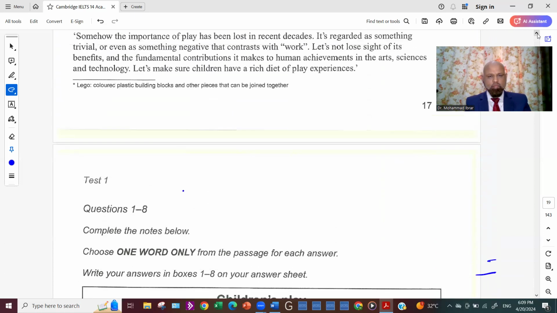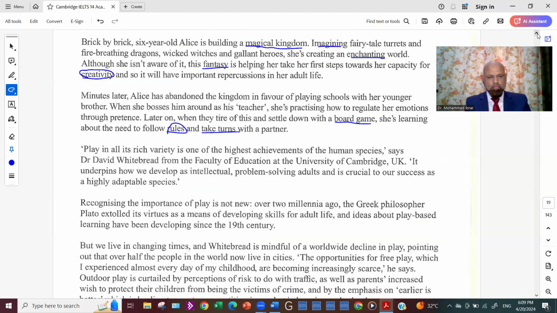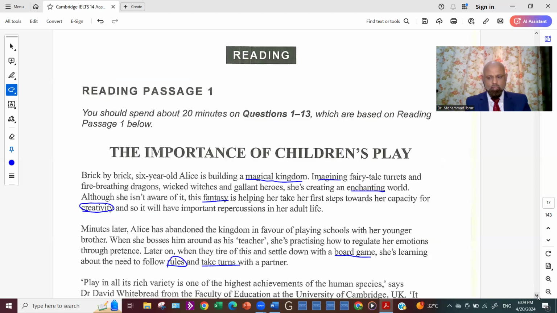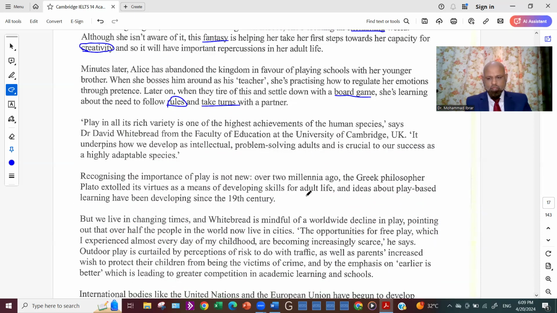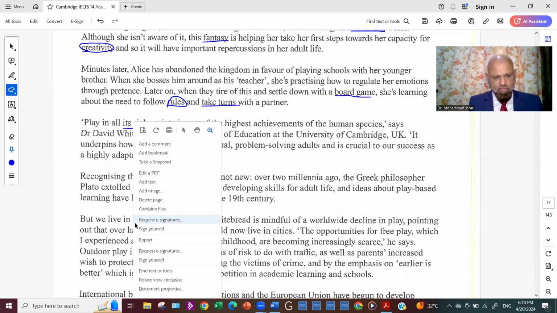Changes. So play in all its rich varieties, we develop as intellectual, problem-solving adults, crucial to our success as a highly adaptable species. A philosopher, learning and developing since the 19th century. But, okay, so we live in changing times. Changes that affect.